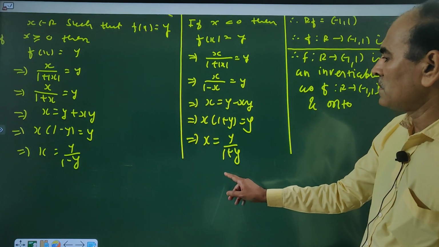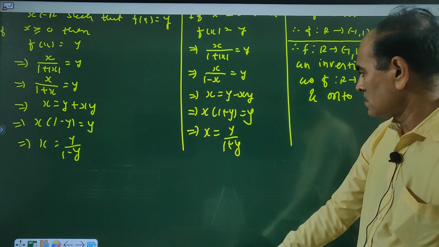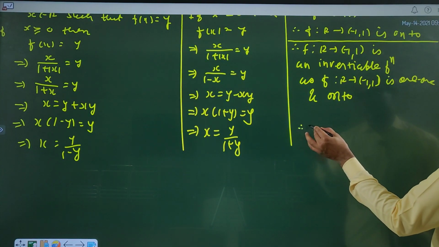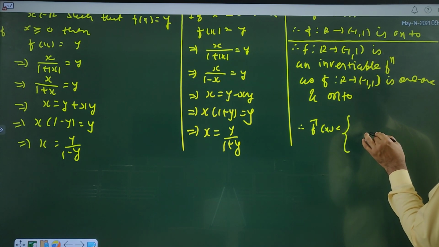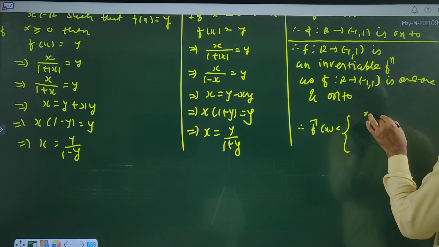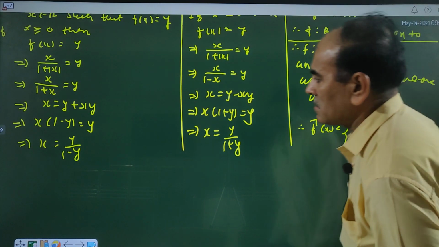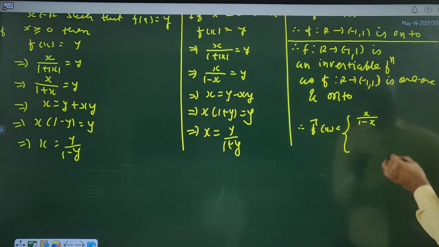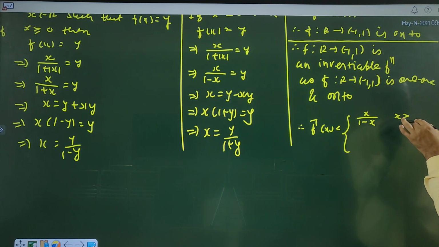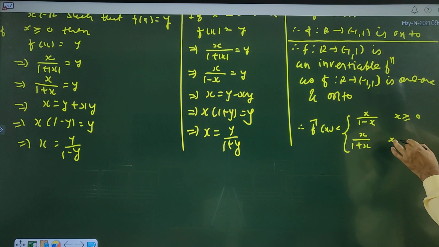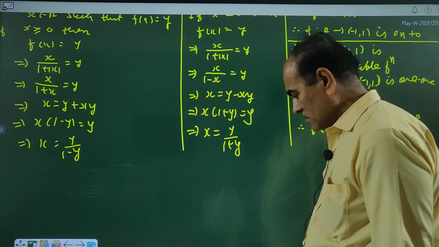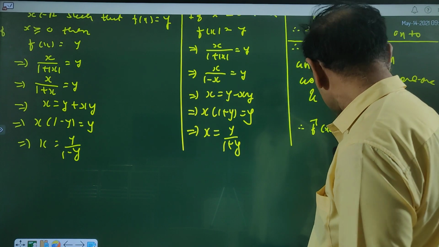And therefore what is f inverse? f inverse of x has two possibilities: x over 1 minus x if x is greater than or equal to 0, and x over 1 plus x whenever x is less than 0. So in this example also the inverse exists.